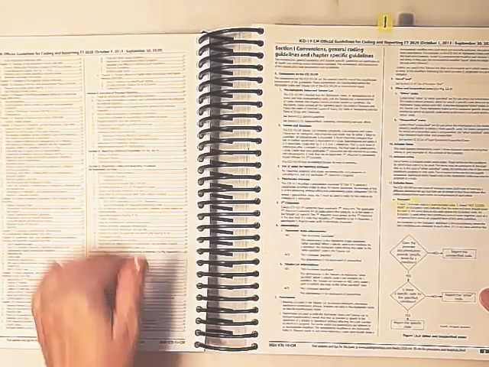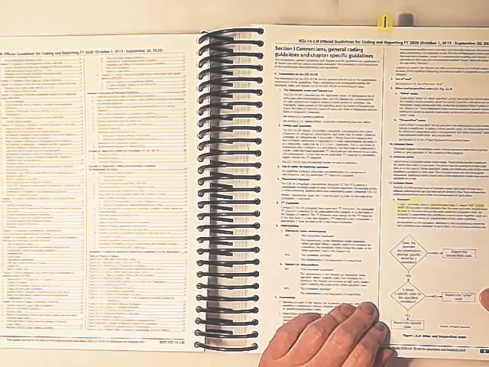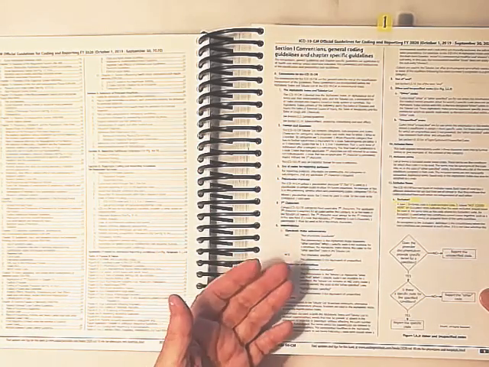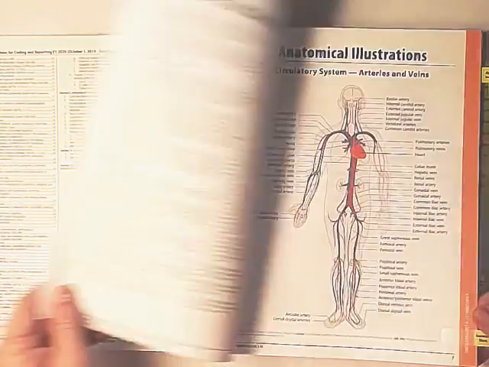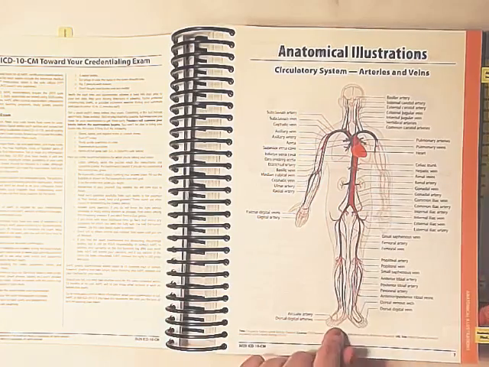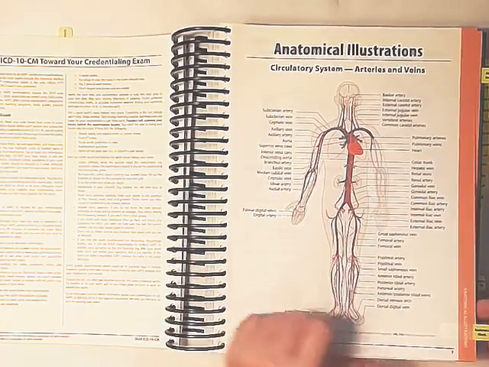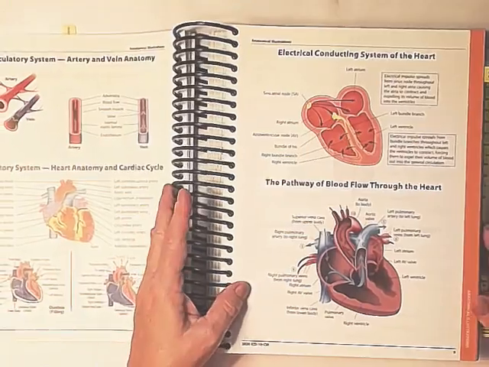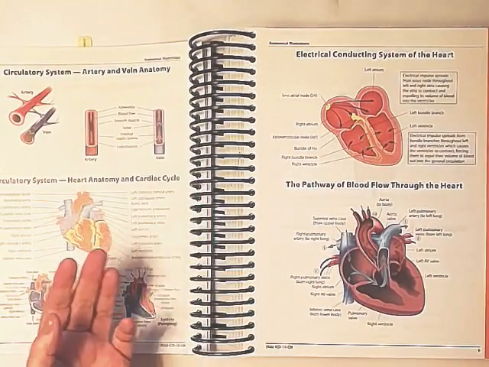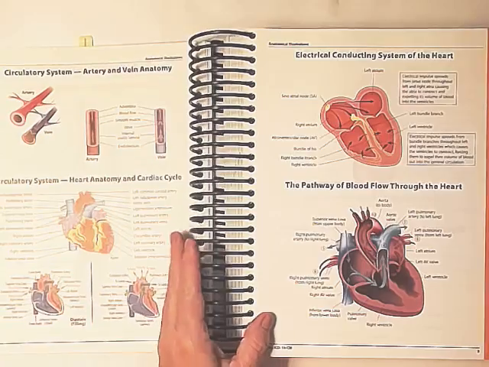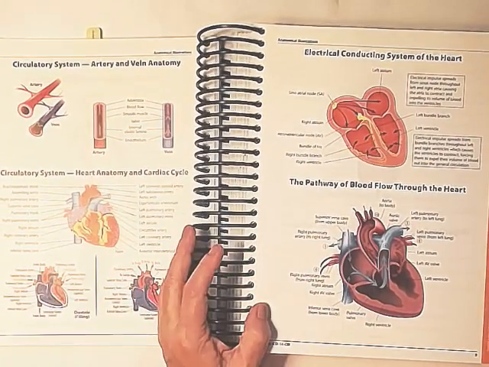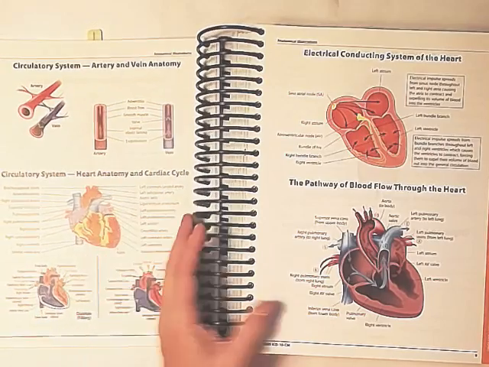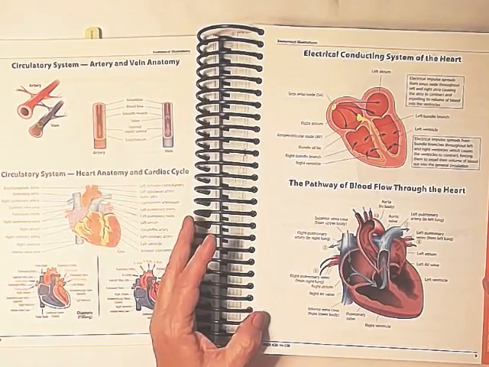We'll go over that once I give an overview of the book. We'll go over the different symbols and how to even go about reading the book. You have an anatomical illustration section that I would tab. I've taken 3-4 AAPC boards now, and this is vitally important for me every time I sit for a board, believe it or not, even with my nursing background.